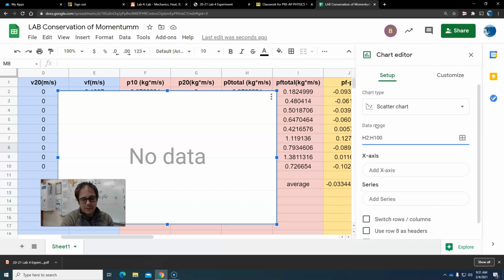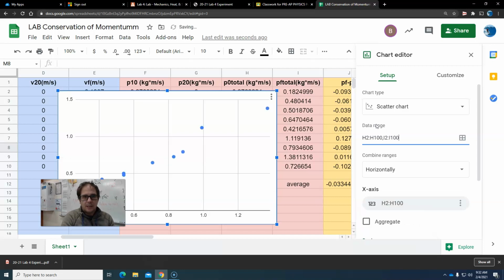I'm not going to get 99 points, but in case I do, everything is there for that. And then I will do Pf, which is the I column, so I2 to I100.